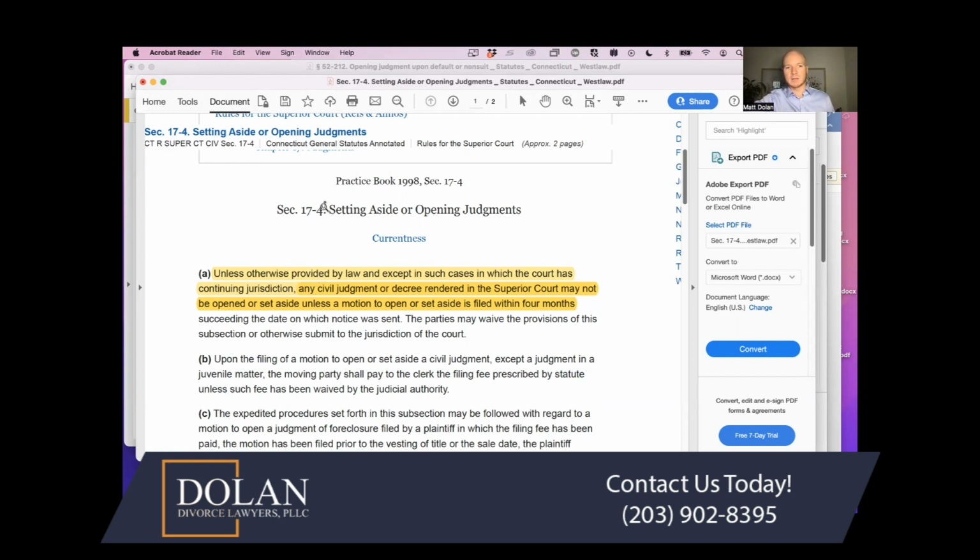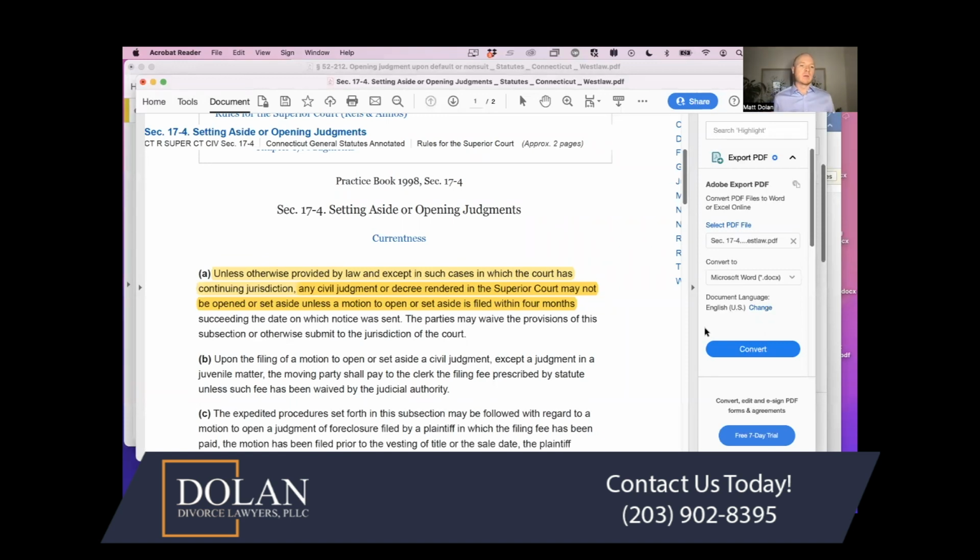So 17-4 of the Connecticut practice book says that unless otherwise provided by law, and except in such cases in which the court has continuing jurisdiction, any civil judgment or decree rendered in the Superior Court may not be opened or set aside unless a motion to open or set aside is filed within 4 months.